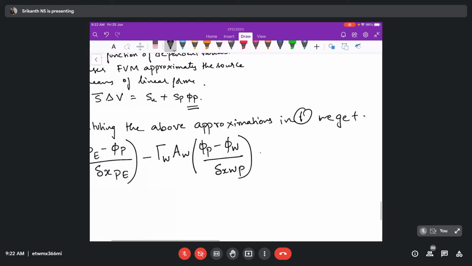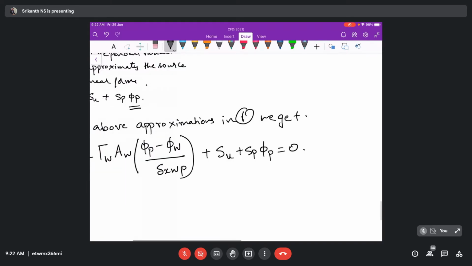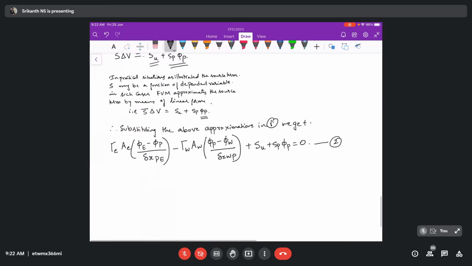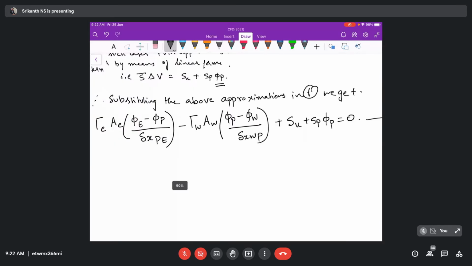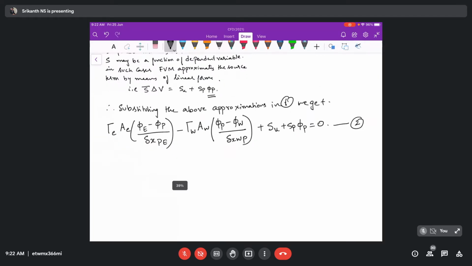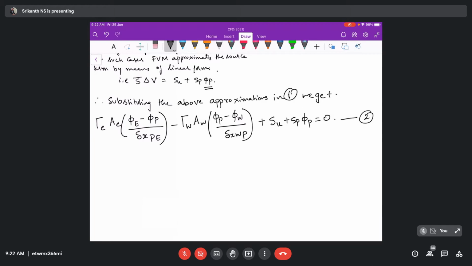Plus source terms, what do we write, SU plus SP into phi P equal to 0. Please write this and you can call this equation 2. Any doubt till here? Please let me know.